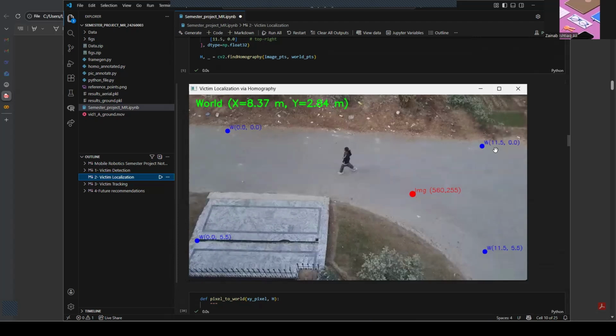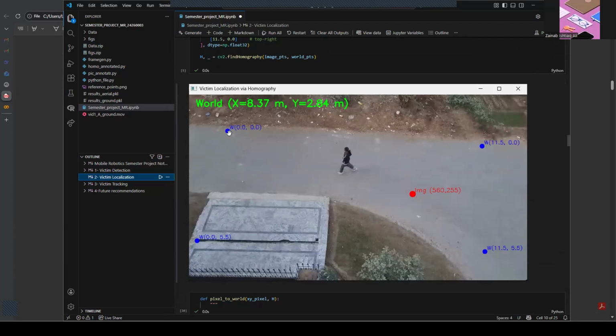And then the rightmost blue dot over here is my x. So if I move in the x direction, then I have moved 11.5 meters here.